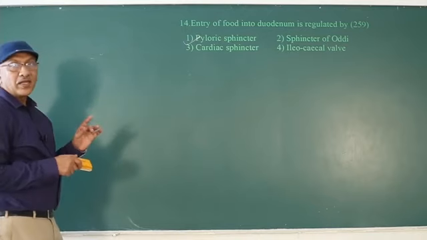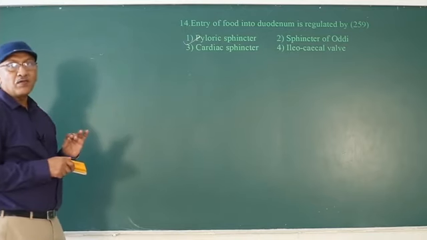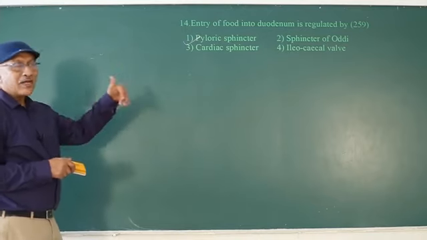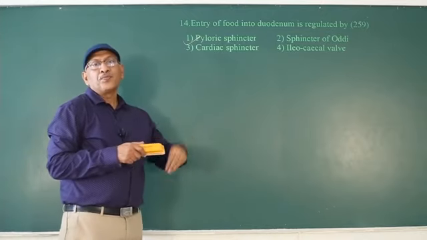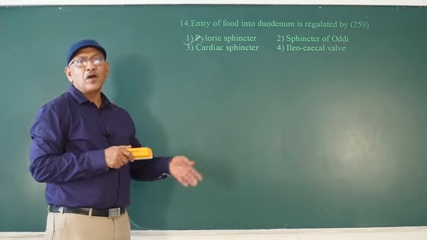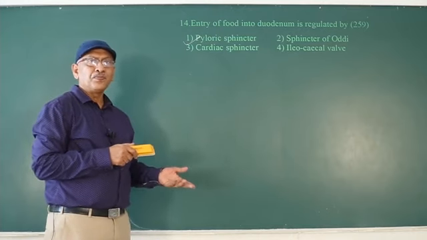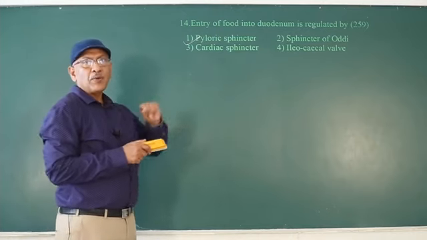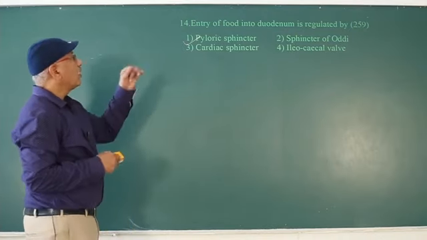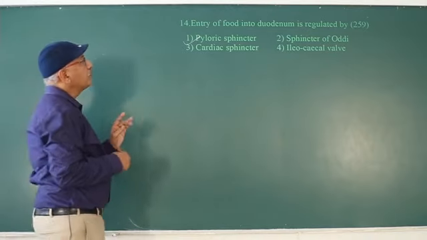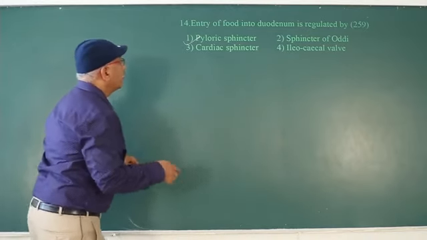It is not related to the passage of food from the stomach into the duodenum. It prevents the backward flow of food from the duodenum into the hepatopancreatic duct or ampulla of Vater. So the answer is pyloric sphincter. You already know this.